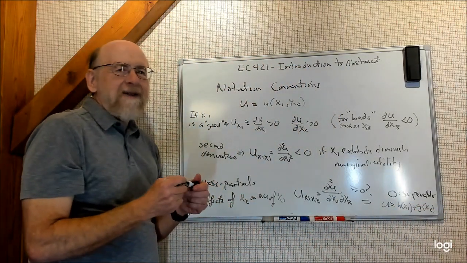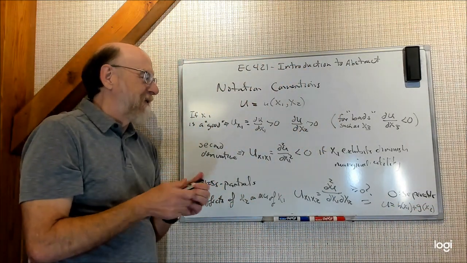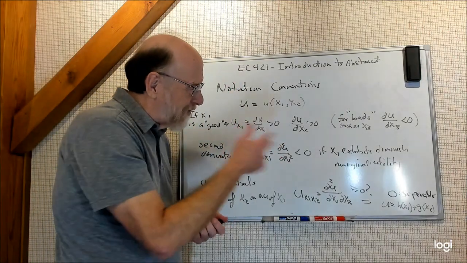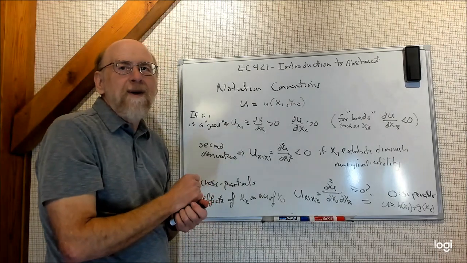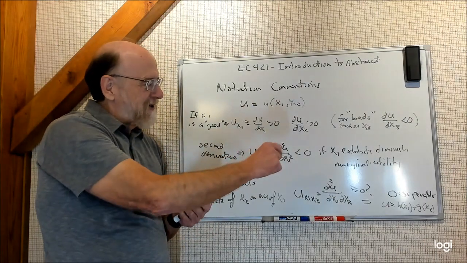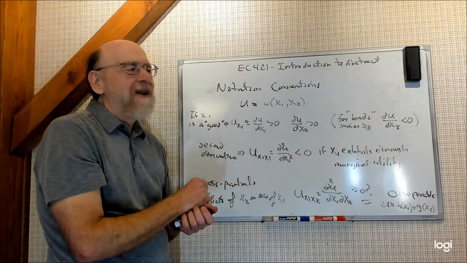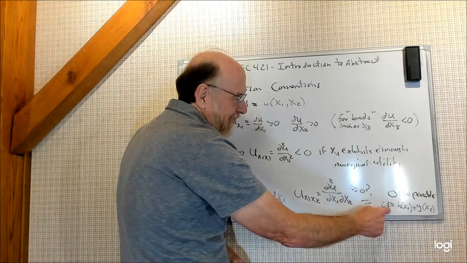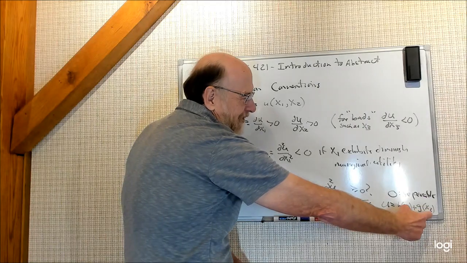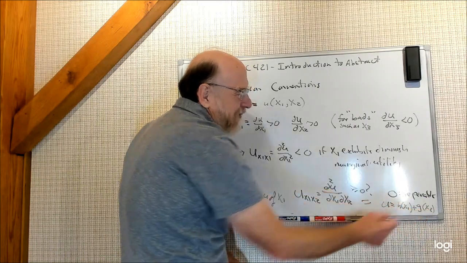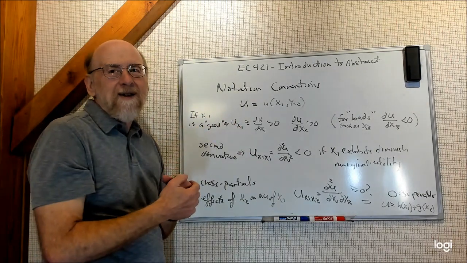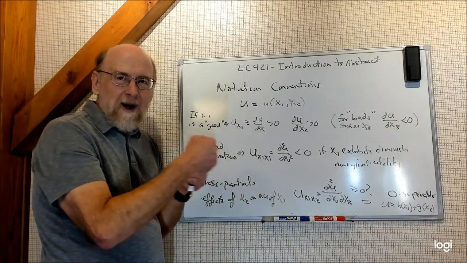So, for example, if I wrote down a utility function that was h of x1 plus g of x2, those two little functions would characterize how one variable affects overall utility. And because these are additive rather than multiplicative, there's no interaction between those two functions. And so those cross partials will be zero.